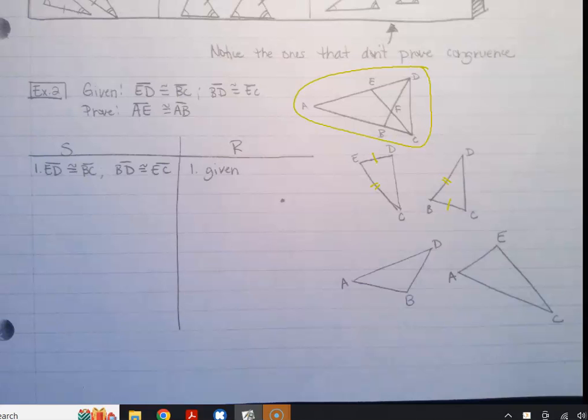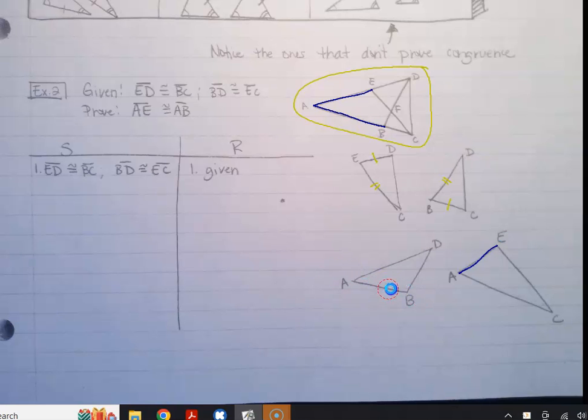Now, we want to prove that AE, this section right here, is congruent to AB. That's what we want to prove. Or we might say we want to prove that AB is congruent to AE. Those sides of the triangles. That's what we're wanting to prove.